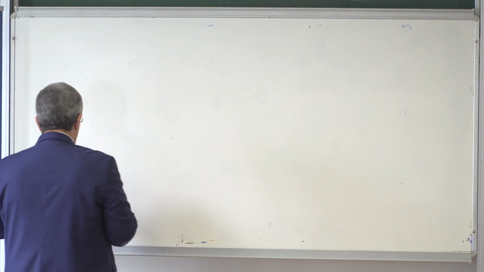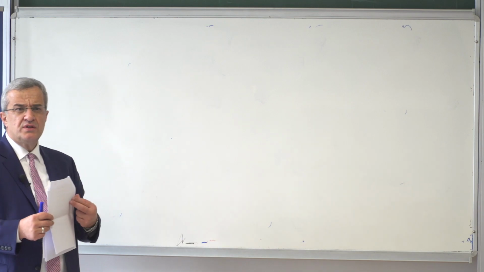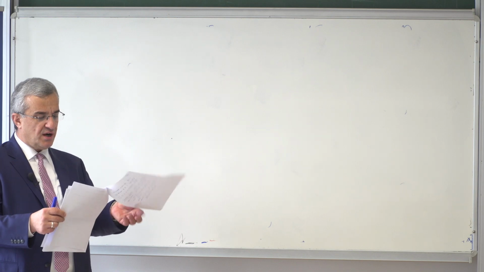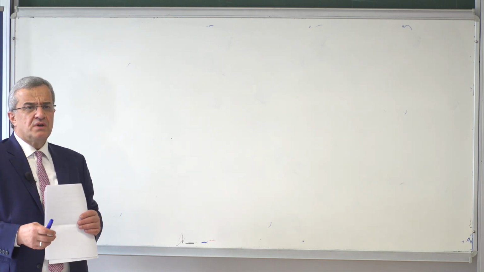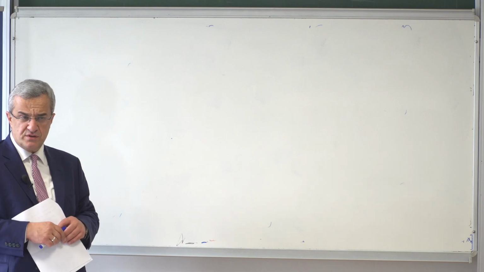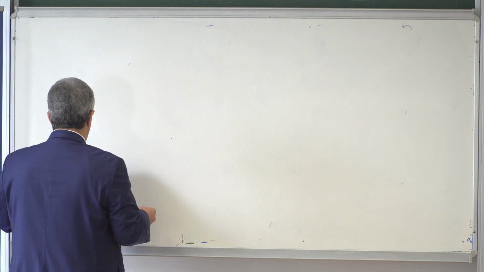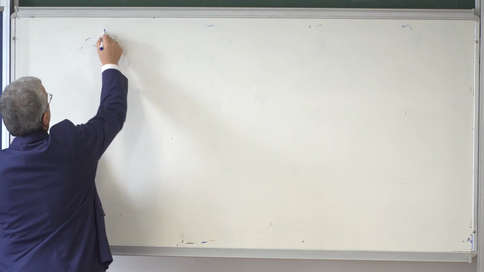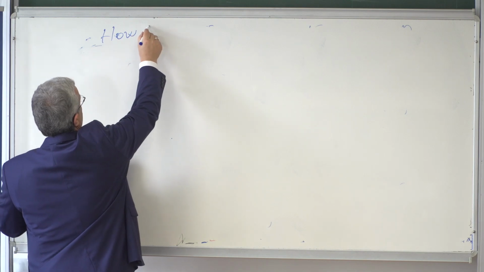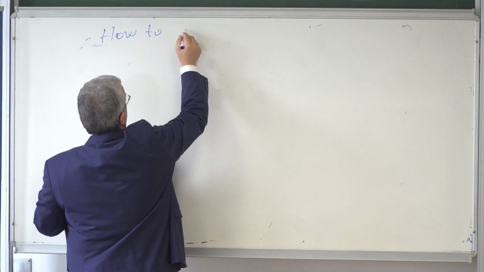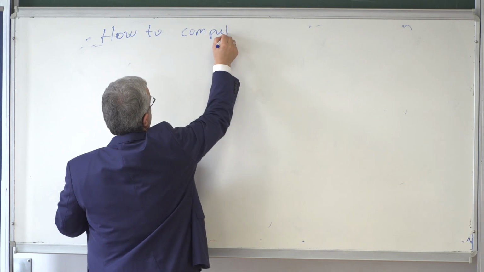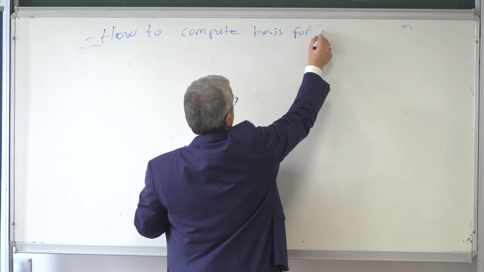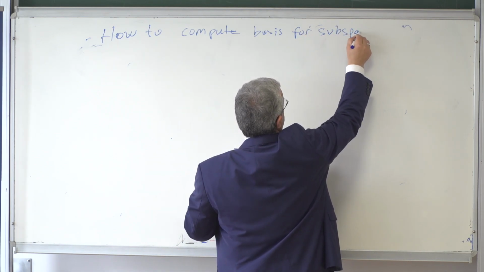So the way we approach determining all these subspaces and their span and everything is our good old Gaussian elimination, okay? So, how to compute a basis for subspaces.